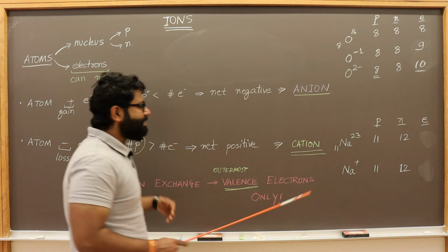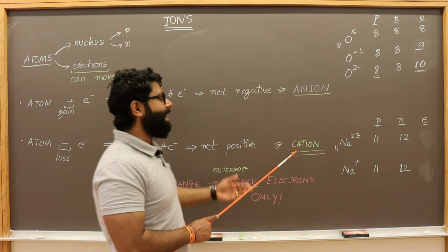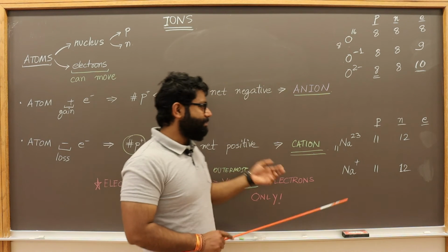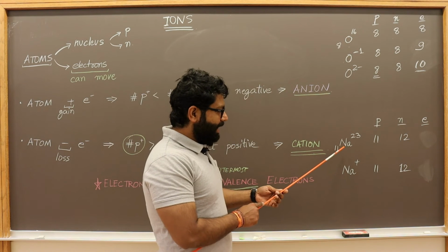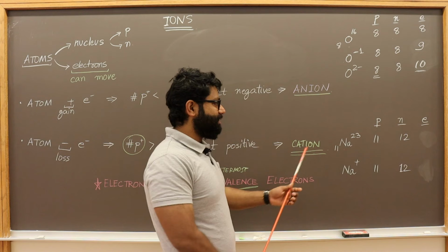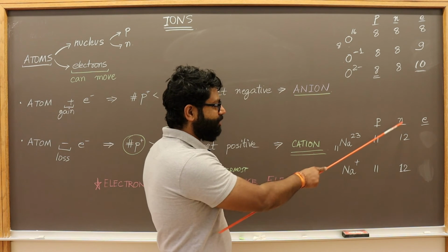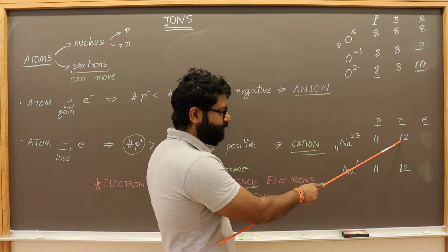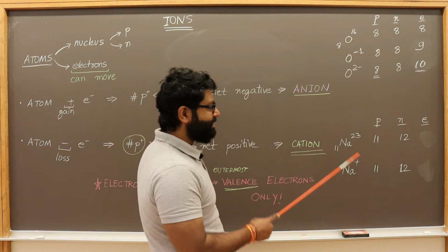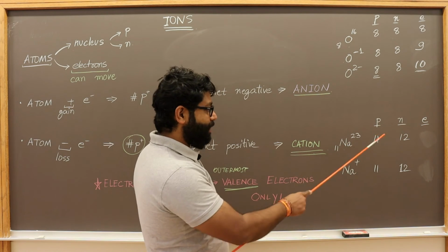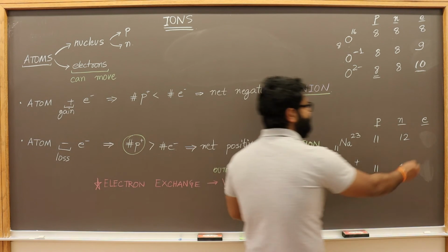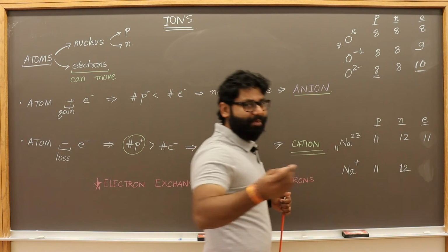Okay? Now let's take an example of a cation, or a positively charged atom. Let's take the example of sodium, Na-11-23. The number of protons is 11, the number of neutrons is 23 minus 11, which is 12. The number of electrons is equal to the number of protons because this is a neutral atom, which becomes 11, no problem there.